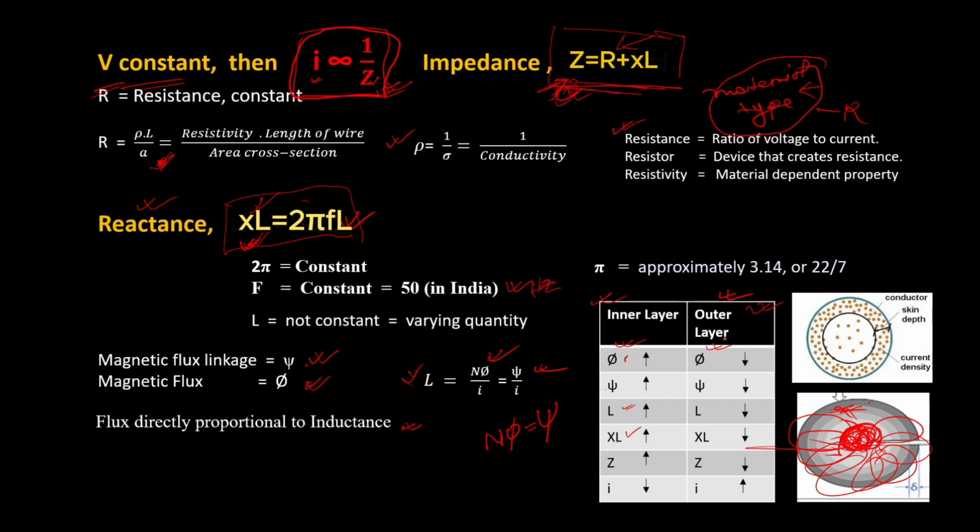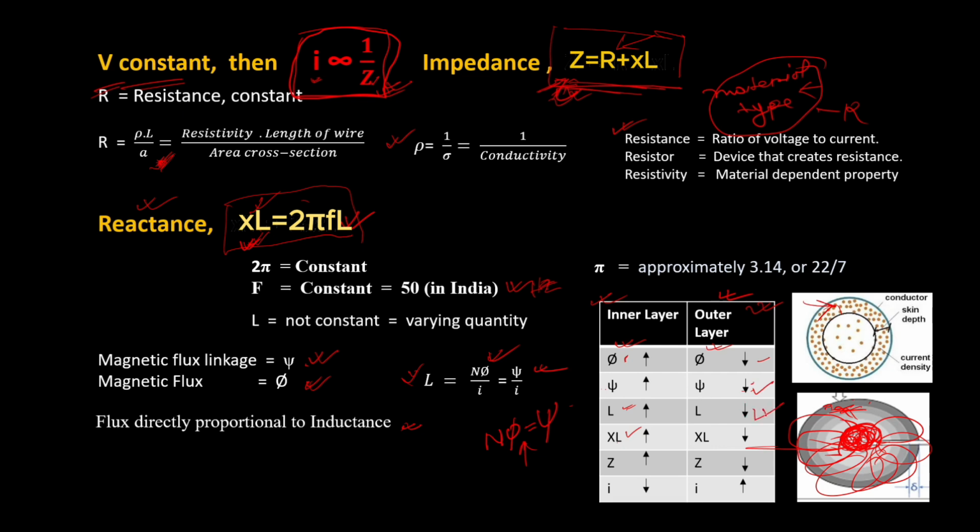For the outer layer, we are saying flux linkage is less. So phi is decreasing. If phi decreases, psi also decreases, which means magnetic flux linkage also decreases.